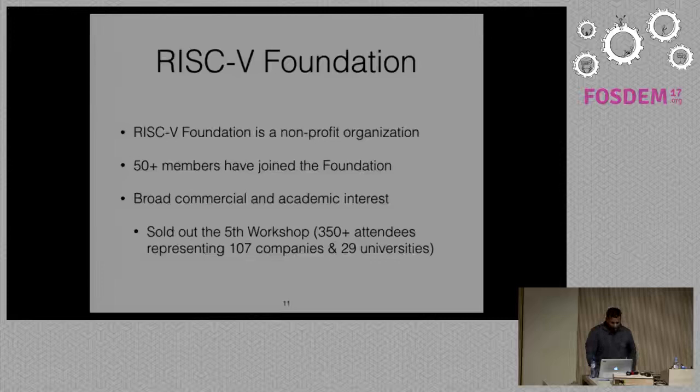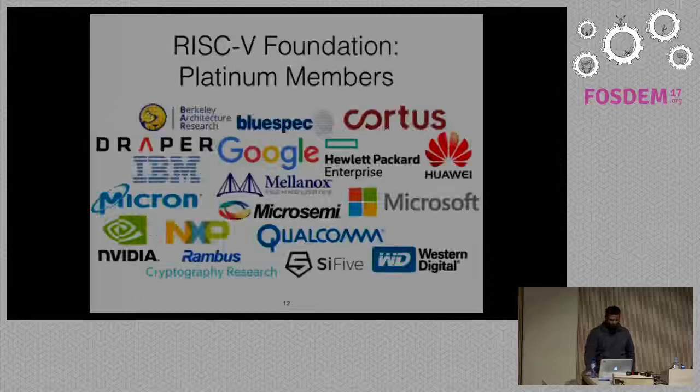Some members of the RISC-V Foundation are fairly large companies. Berkeley, of course, is a member, but so are big companies such as Google, Hewlett-Packard Enterprise, Huawei, IBM, Mellanox, Micron, Microsemi, Microsoft, NVIDIA, NXP, Qualcomm, SiFive, Western Digital. You get the picture. There are a lot of big companies that are interested in RISC-V and evaluating it for their products and research.